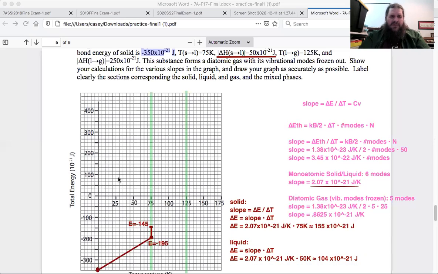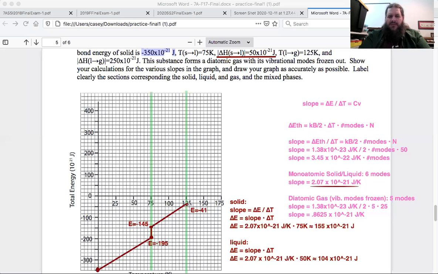So that means we're going to rise up to negative 41 joules by the time we get to 125 Kelvin, so that'll be just above negative 50. E equals negative 41 times 10 to the negative 21 joules. So we'll have a line from here to here.